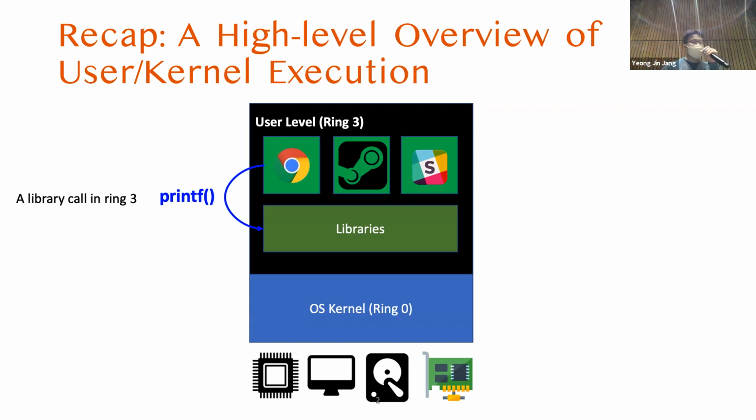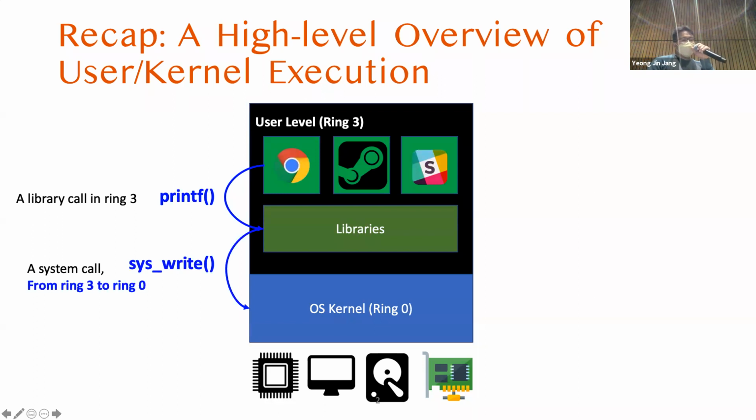The reason we can do that is that we do not give applications the privilege to talk directly to the hardware devices. Only the operating system can talk to the hardware, and user applications must request the operating system for doing something.